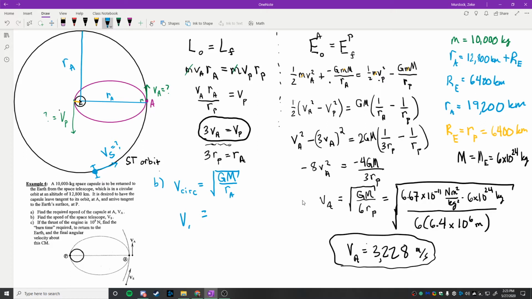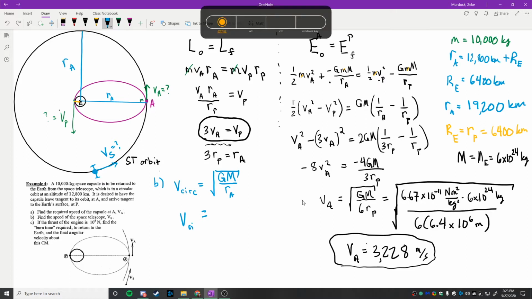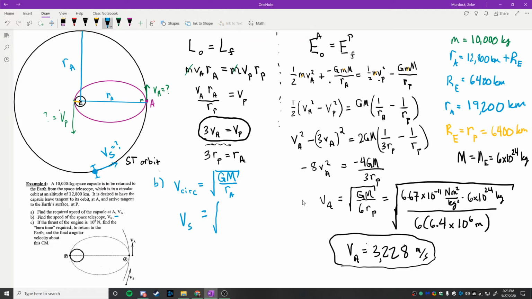So the velocity of a circular orbit, in this case v sub s, is going to be the square root of 6.67 times 10 to the negative 11, times the big mass, the mass of the Earth again, 6 times 10 to the 24, divided by r sub a, which is right here, 19200, so that's 1.92 times 10 to the 7 meters.